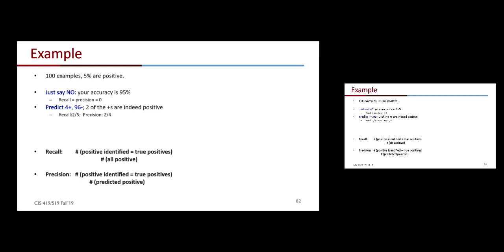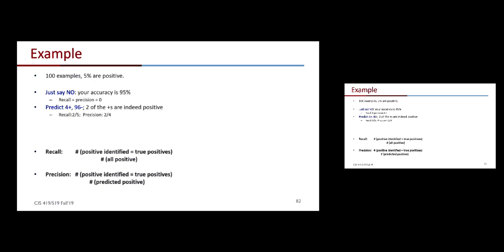On the other hand, let's imagine that I said 4 are positive examples, and out of these 4, 2 are indeed positive. In this case, my recall is going to be 2 out of 5, right? I got 2 out of the 5 true positives.